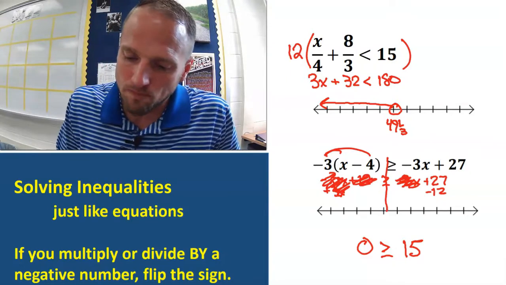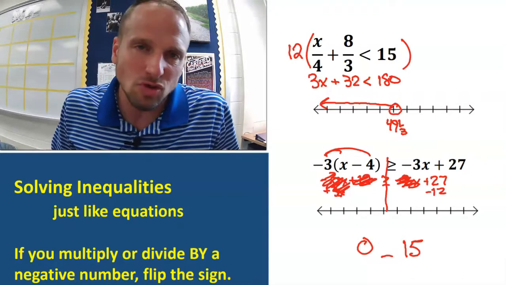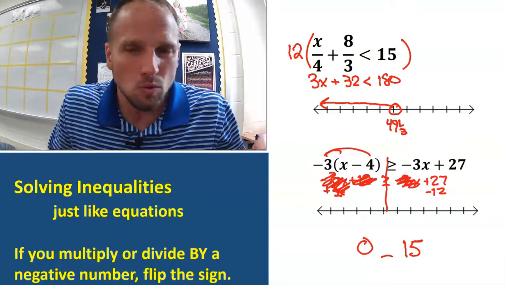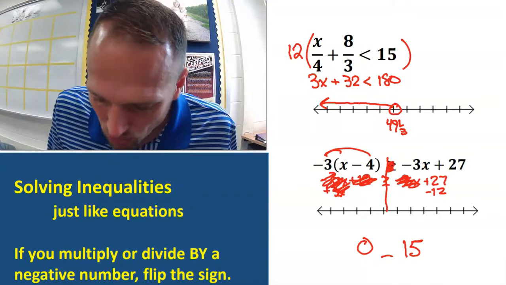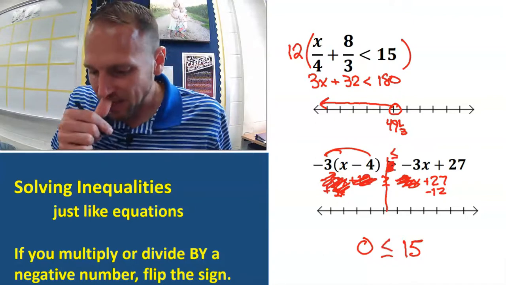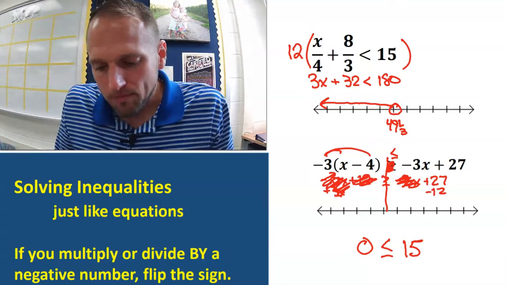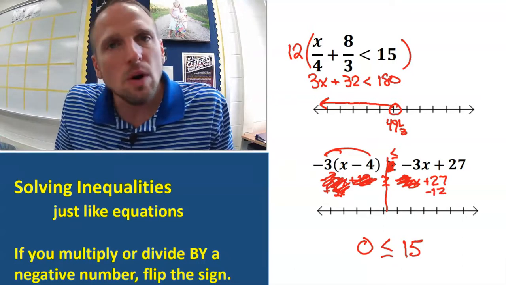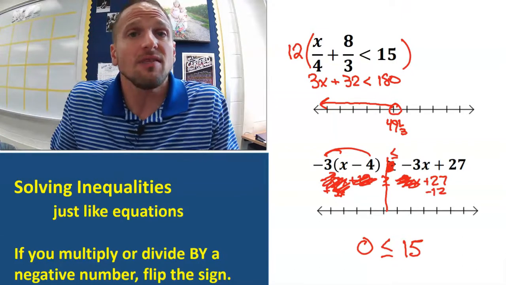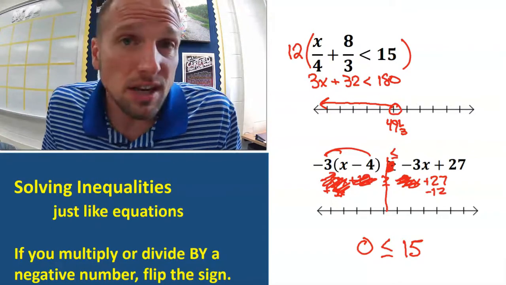Now I've got a question. What if our original equation, so I am changing the sign here, but let's go back and pretend like this original equation was less than or equal to, and that this down here was less than or equal to 15. Now what would happen? Well, when is 0 less than or equal to 15? Again, if this is an equation, it's no solutions. That's easy. But this is an inequality.